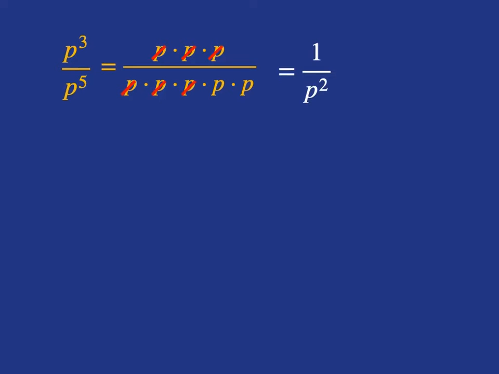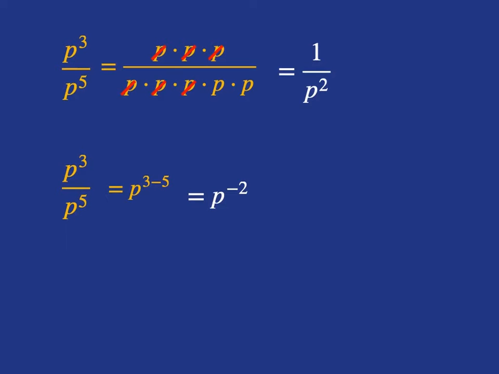Let's look at another example. For example, if we had p cubed over p to the 5, and we wrote out what that means, and then we did our cancellation, you will see that what we have left is 1 over p squared. But if we again apply the rule that we've established for division, we would have to say it would be p to the 3 minus 5, and that is p to the power of negative 2.